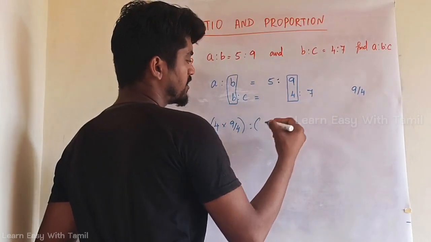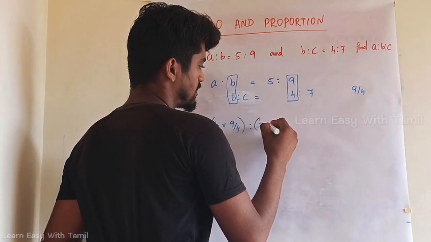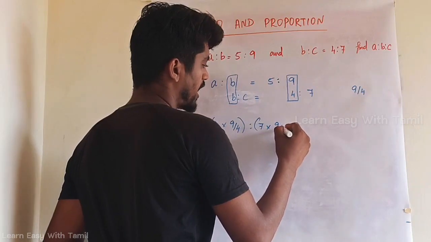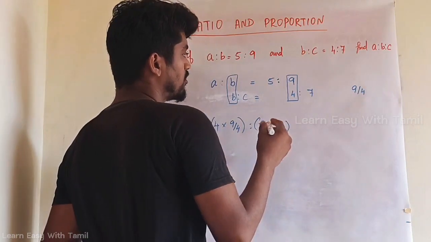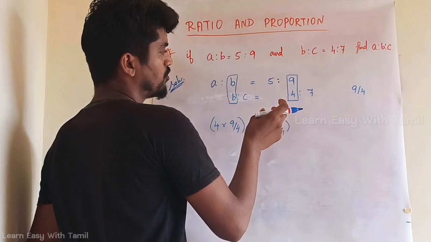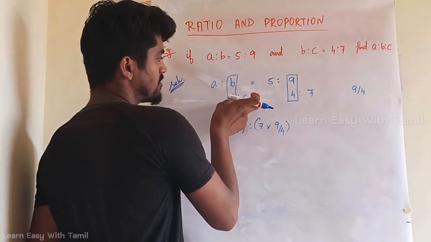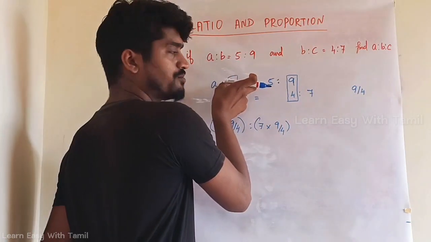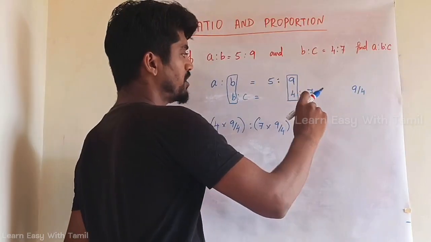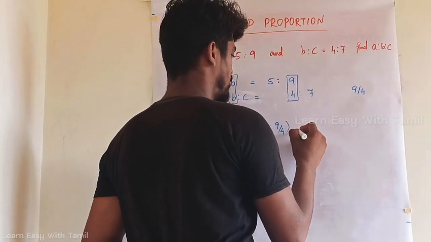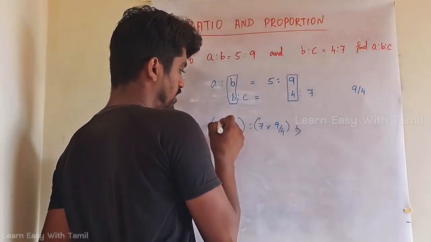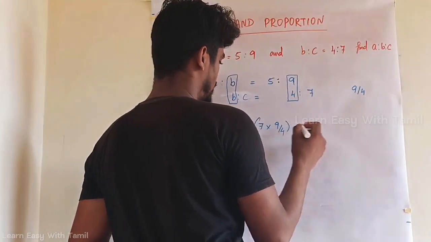Then we have to find the C, 7 into 9 by 4. For this purpose, we are going to write the B is to C value merged with A is to B, so we can get the A is to B is to C value. Like here, 4 and 4 get cancelled.